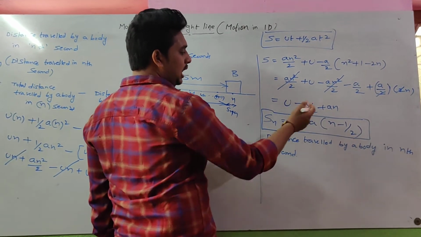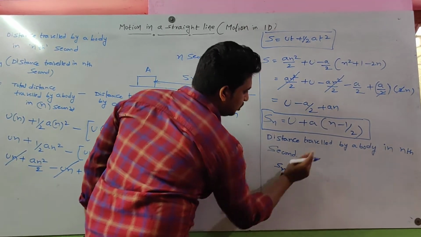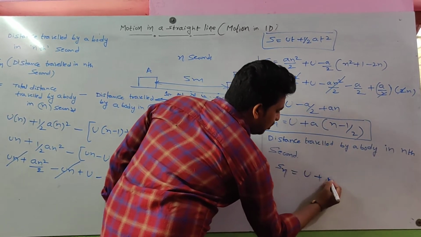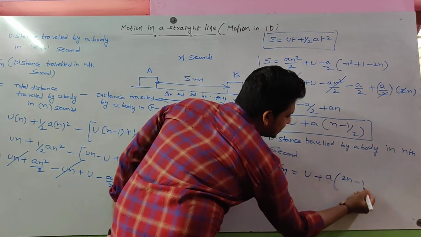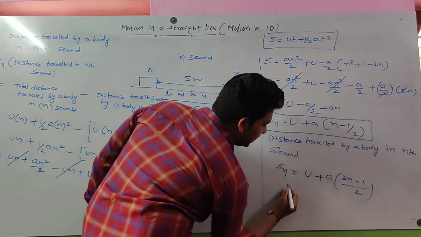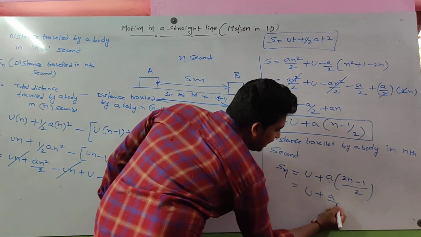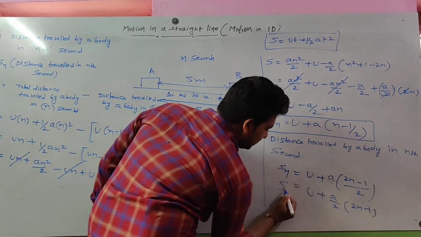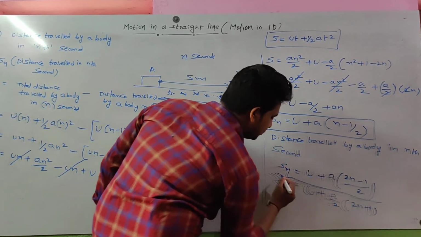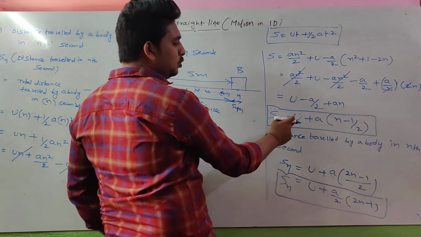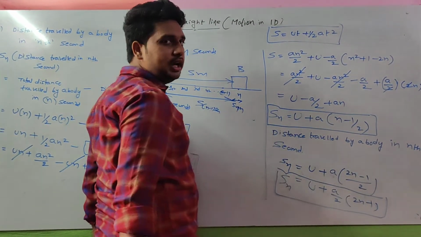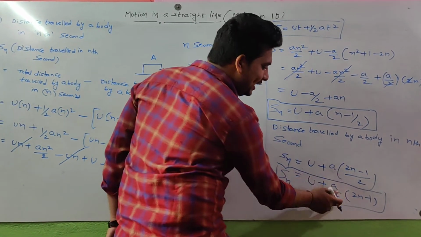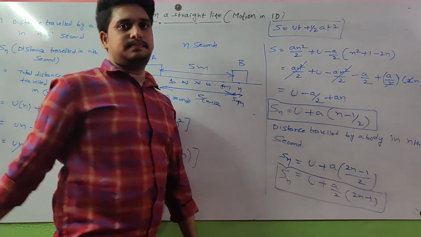So this is the formula, and you can write it like this also. Sn is equal to, if you take the LCM, u plus a into 2n minus 1 by 2. So we can write the Sn formula like this also: Sn is equal to u plus a into n minus 1 by 2, or Sn is equal to u plus a by 2 into 2n minus 1.